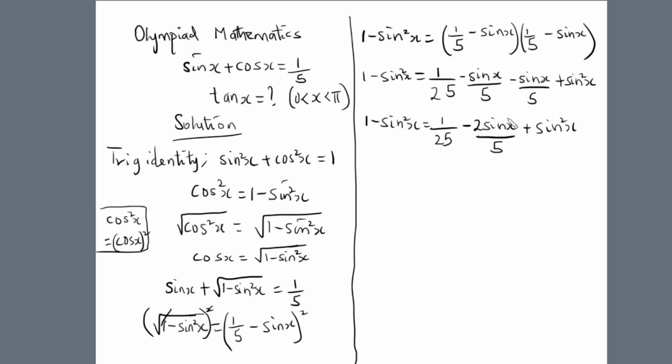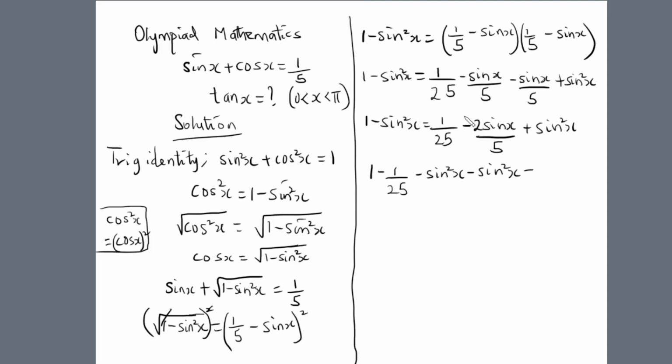Now what I want to do is bring everything to one particular side. So let's move to the left hand side. Collect like terms as you're moving. 1 and 1 over 25 are like terms, so I'm going to have 1 minus 1 over 25. Then minus sine squared x, and this is moving, minus sine squared x again.